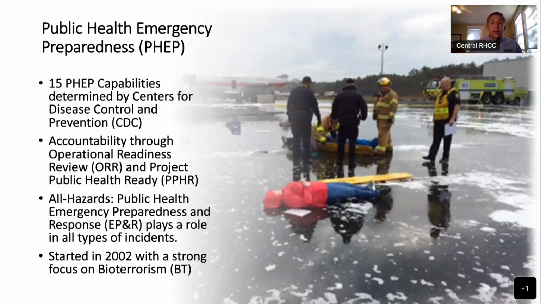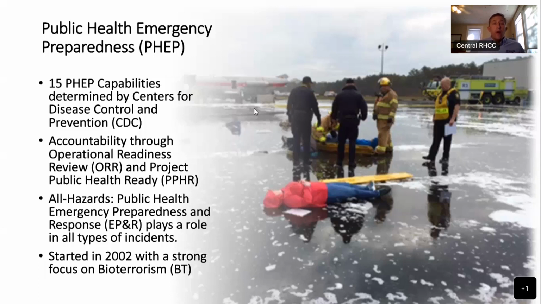And so each year, the emergency coordinator in your local health district has to complete the Operational Readiness Review, and every 5 years completes Project Public Health Ready. And in doing so, they have to document that they've met these capabilities. And we'll go through some of that documentation, but a lot of the activities that we complete for PODs are able to meet those objectives and those benchmarks.